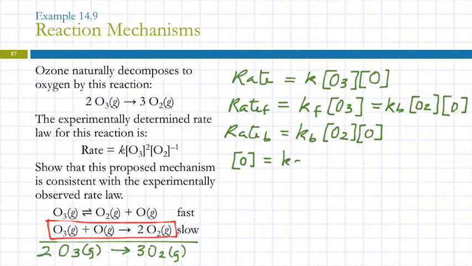So it's the forward divided by the back and the O2. I divided both sides of this equation, and I get this. O is equal to this mess. Now I'm going to take the mess and substitute it in for the O.